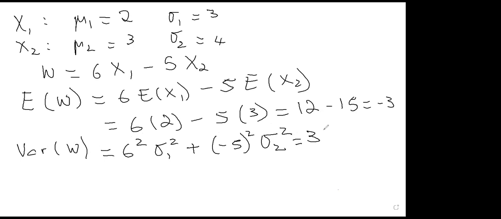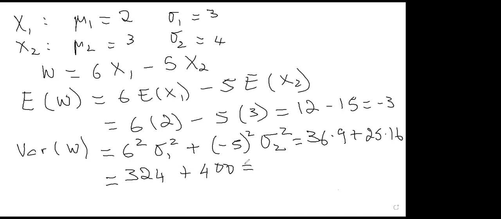This is 36 times 9 for sigma 1 squared plus 25 times 16. So the variance of w is equal to 36 times 9, 324, plus 25 times 16, 400, which is 724.